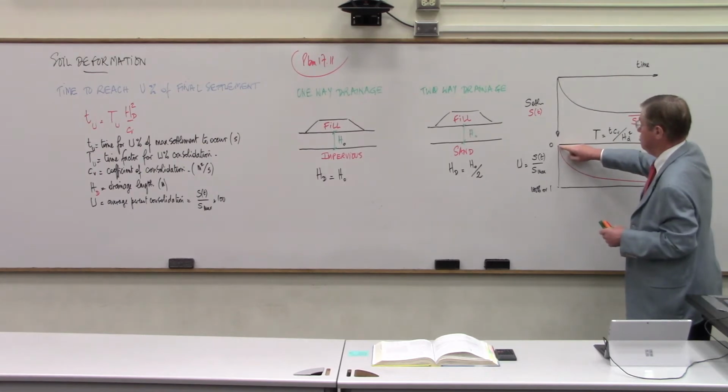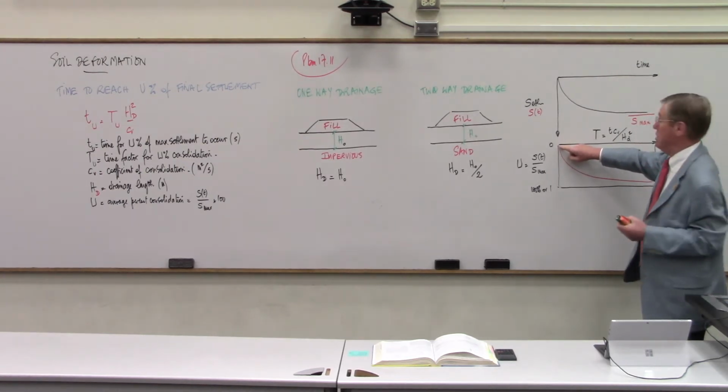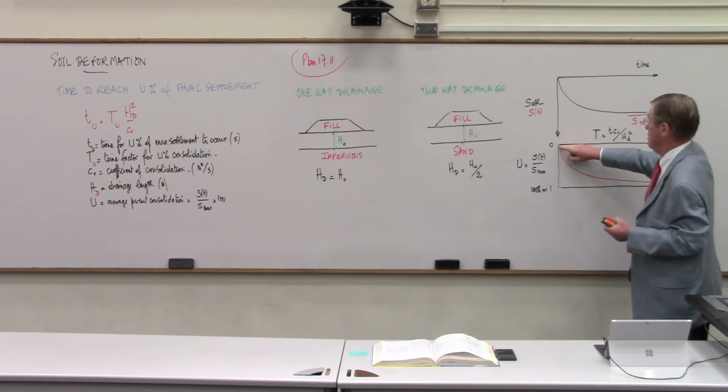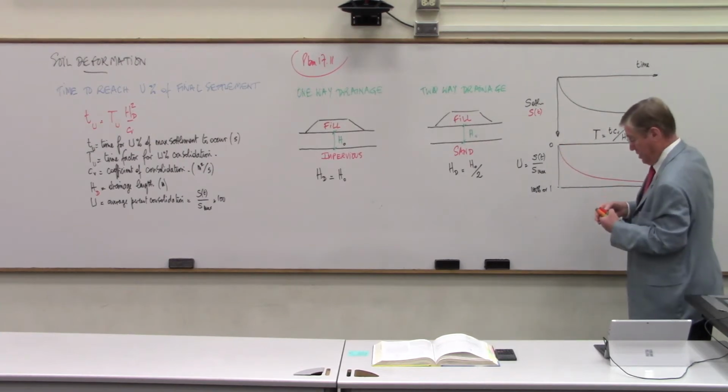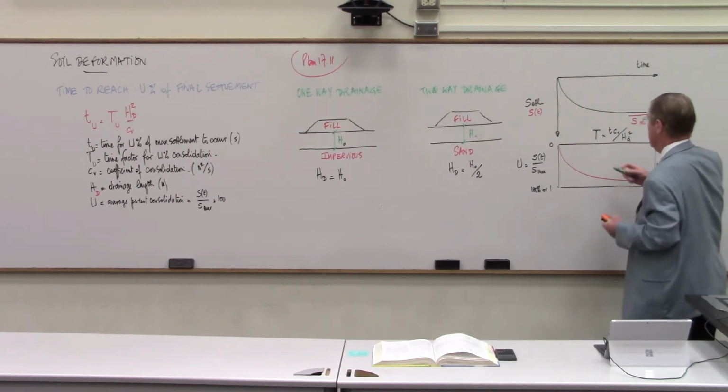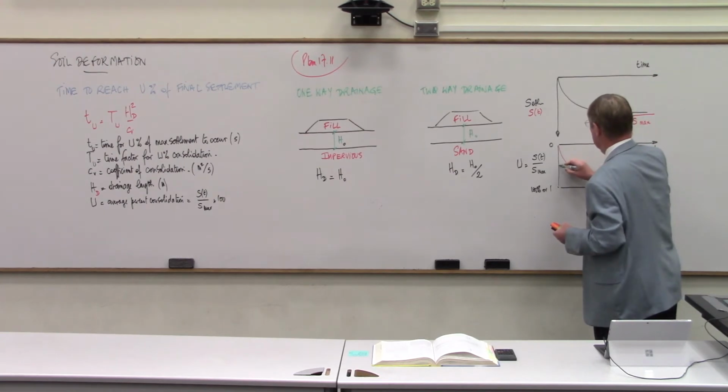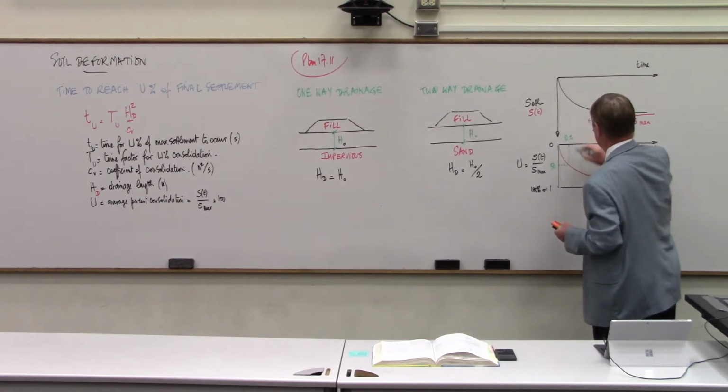When time is equal to 0, you have 0% consolidation or 0% settlement. And then typically we will use values that correspond to 50% here, and that number is about 0.2.